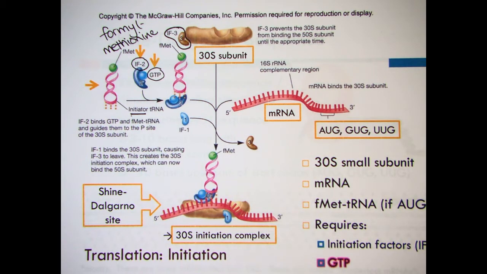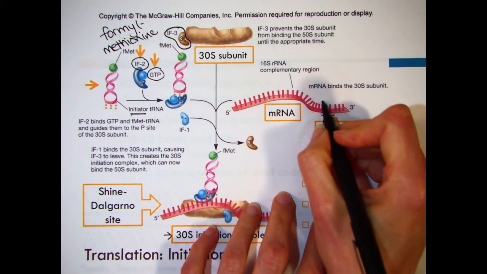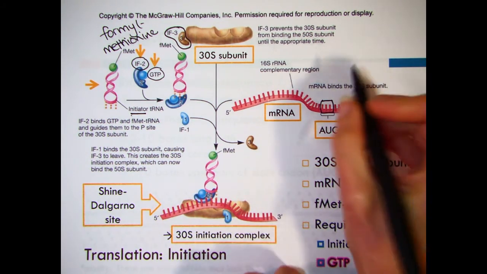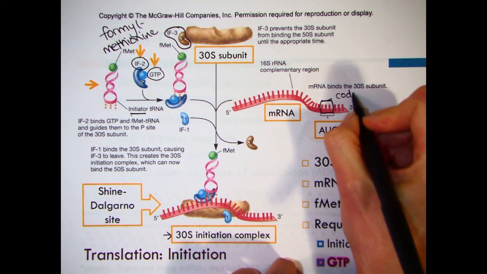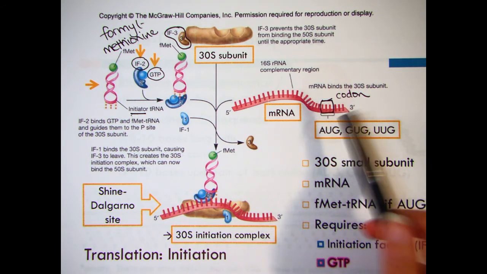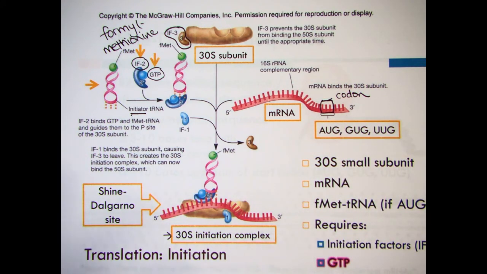Okay, so one of the other things that we have to figure out is, here in this diagram on the messenger RNA is this set of 3 bases. So we know that 3 bases on the messenger RNA is the codon. But what is it about this particular AUG that tells the cell that it's the first AUG, right?